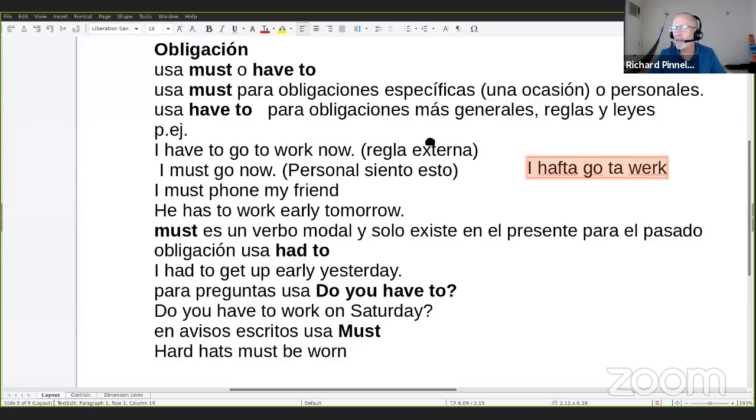I have to go to work now. Good. I don't think Ingrid can hear. Ricardo. I have to go to work now. Okay. Ingrid. I have to go to work now. Very good. Vamos a practicar los otros.